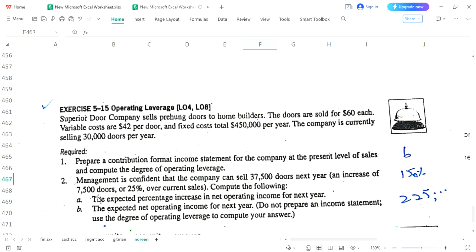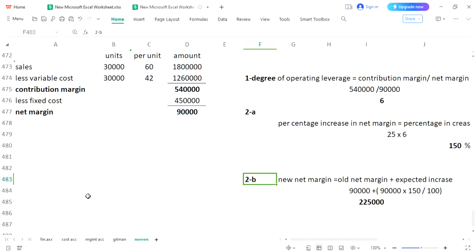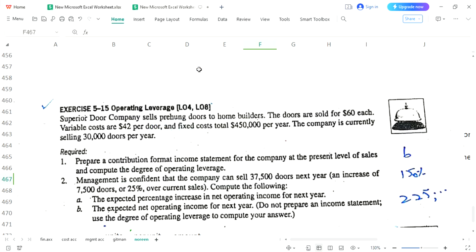In our question it has been mentioned you are increasing your sales by 7,500 doors and you want to know how much your net income will increase. Even without making your income statement, you predicted that your net income would be 2,25,000 if you increase your sales from 30,000 to 37,500. Why am I saying 37,500? Old doors were 30,000 and the increase is 7,500. In this way, in future you will be selling 37,500 doors.